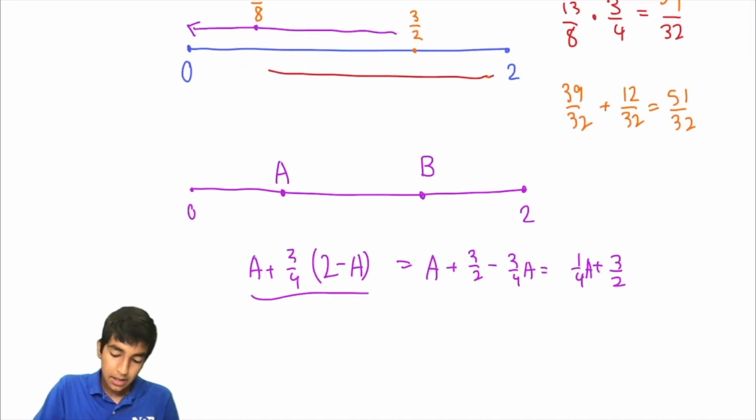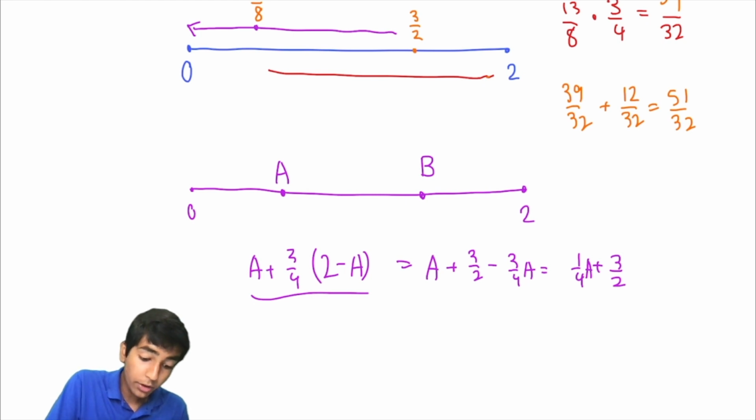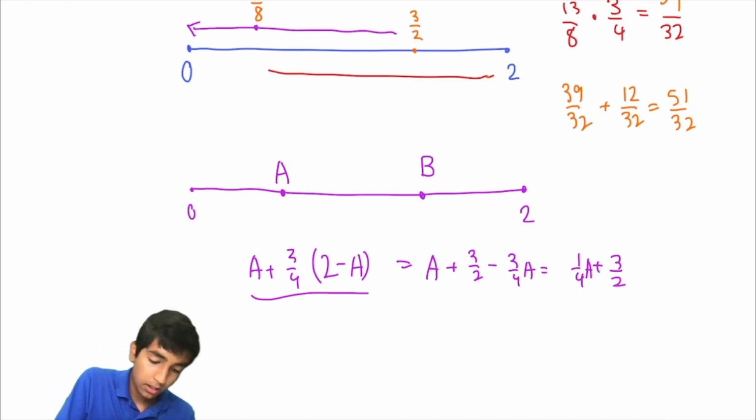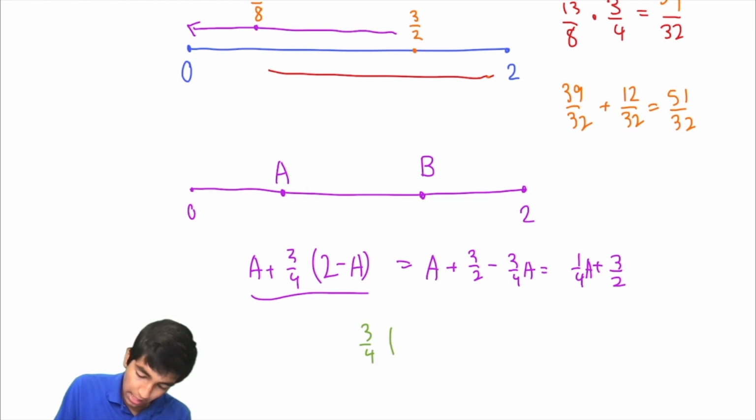Okay, so now from B, that's this point now. Now he's going to walk 3/4 of the way back. But he's going to have to walk all the way back to A. So what is 3/4 of the way back from point B? Well, 3/4 is just going to be 3/4 of this, 1/4 A plus 3/2.